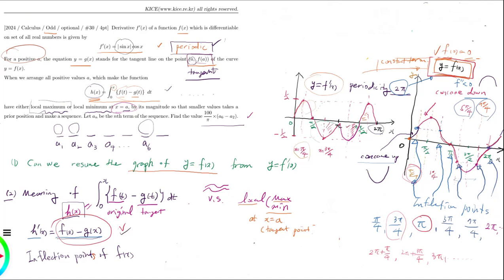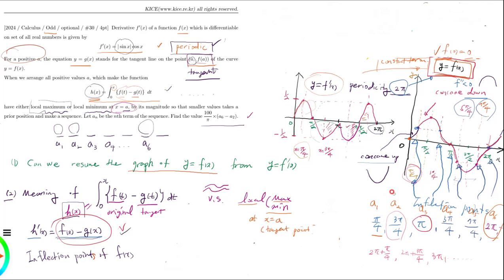So if we make a sequence here, pi over 4 will be the first term, and 3 times pi over 4 will be second term, and so on. So fourth term, fifth term, and sixth term.